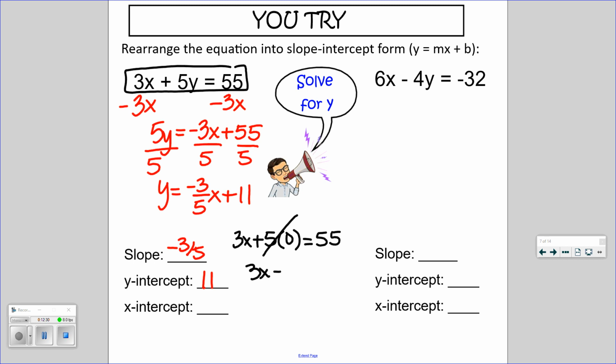Then I'll divide by 3. Then I get 55 divided by 3, which is 3 goes into 5 one time with 2 left over. 24 is 8 with 1 left over. So it's 18 1/3. Okay. So like I said, that x-intercept is not very pretty. Many of them are not.